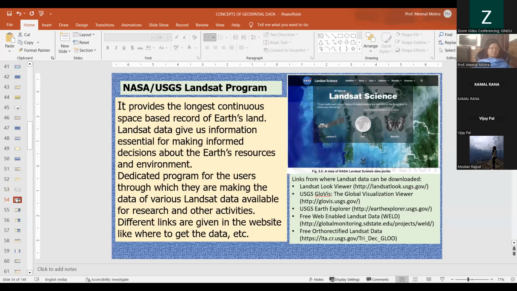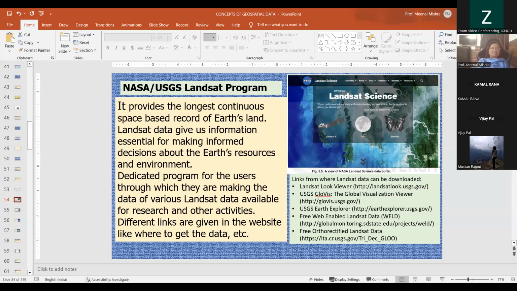Next, we are discussing the sources of satellite images. The next source is the NASA or USGS Landsat program. I hope all of you are aware of NASA, and USGS is the United States Geological Survey.